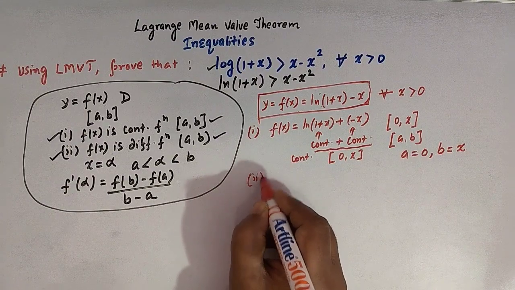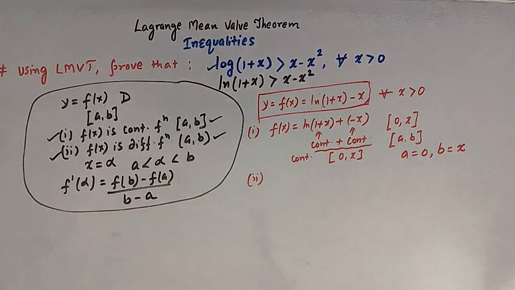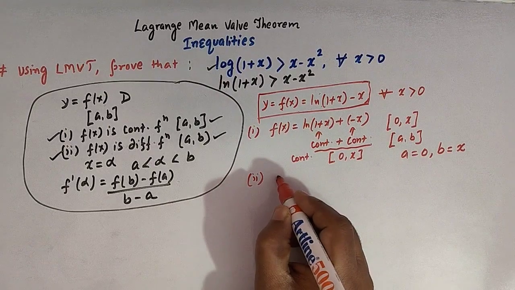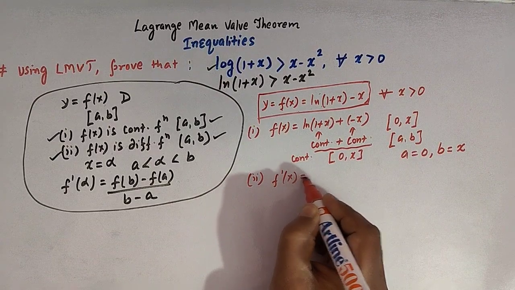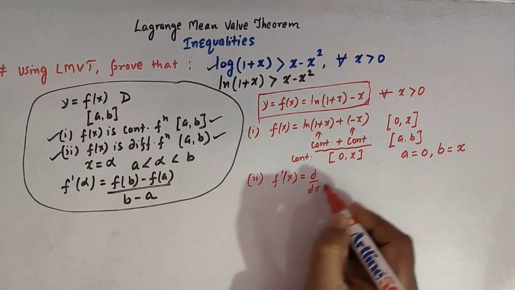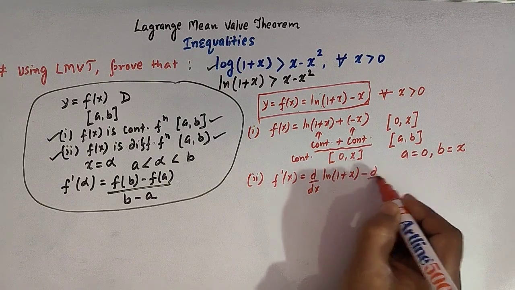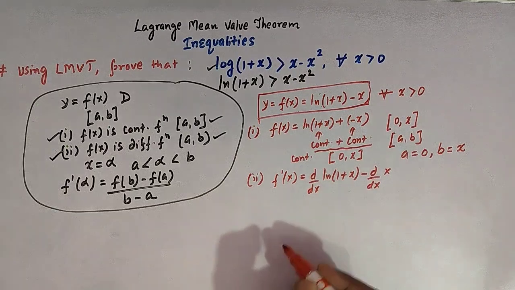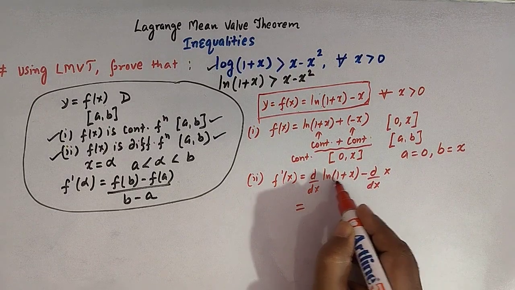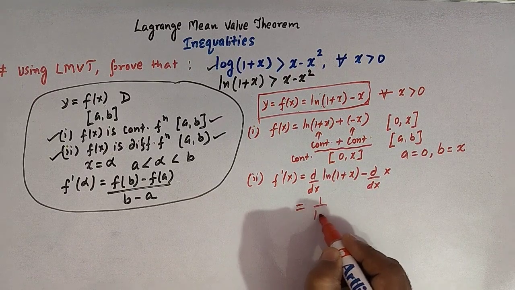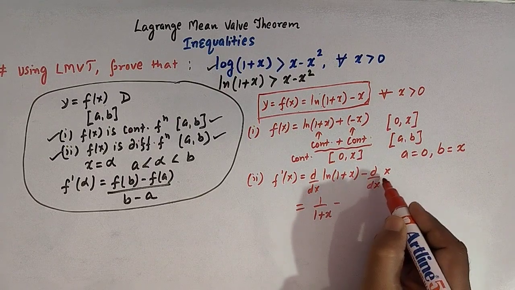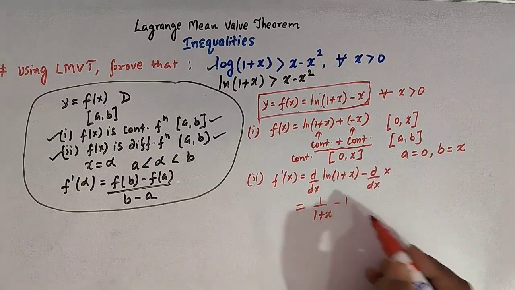Now let us find out the derivative of f of x. The derivative of f of x is d by dx of log of 1 plus x minus the derivative of x. The derivative of log 1 plus x is 1 over 1 plus x, and the derivative of x is 1.